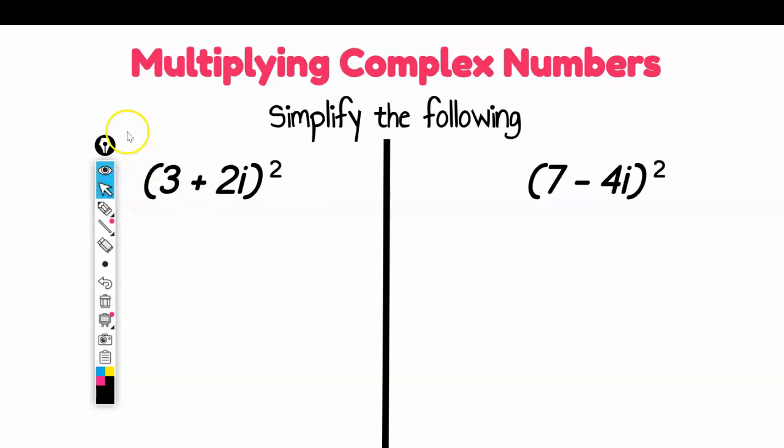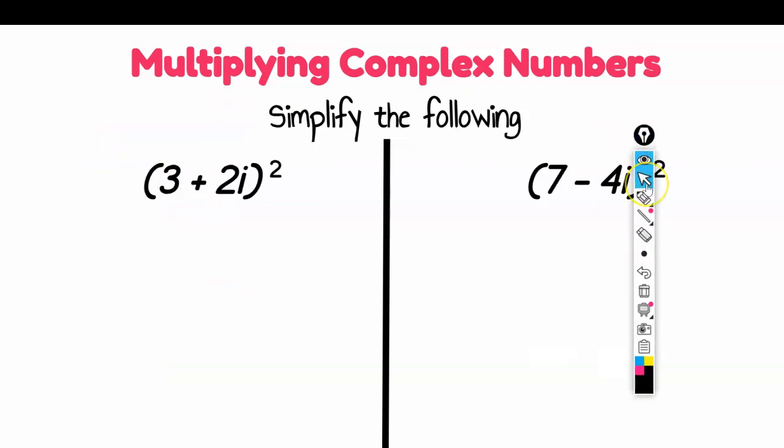Moving on. Last multiplication one that we're going to do together. We have 3 plus 2i squared. This is still multiplying. We are still going to use the box. Remember that when something is squared, that is that thing times itself.